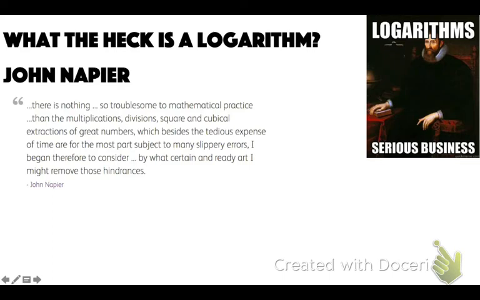But anyway, this John Napier guy was like, okay, people are not studying mathematics because it's tedious and hard and we have to make all these calculations. He wanted to make math more applicable and to help advance the scientific community.